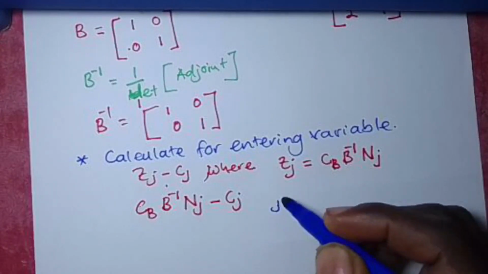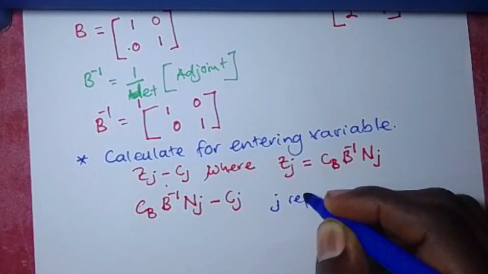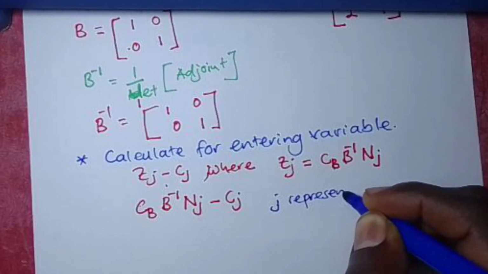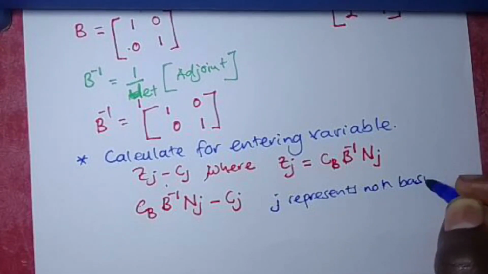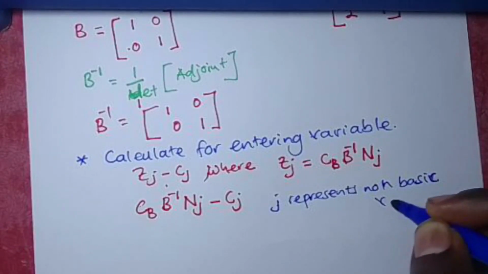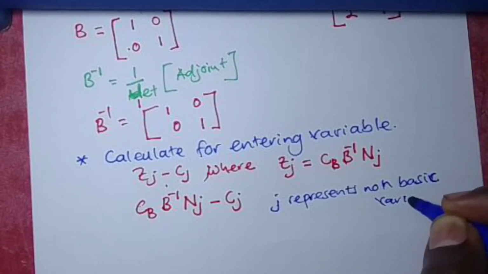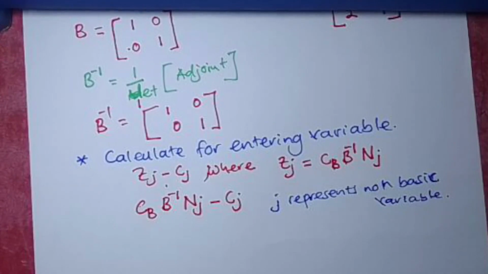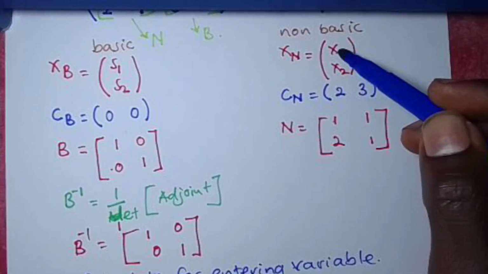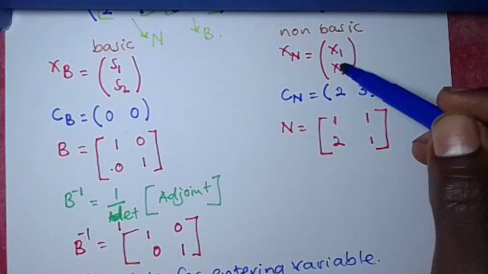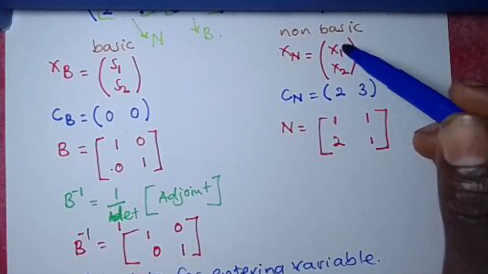Now here there is only one thing that is going to complicate. This j here represents the non-basic variables. To put it simply, j is going to represent the variables x1 and x2, which are the non-basics so far in this expression.